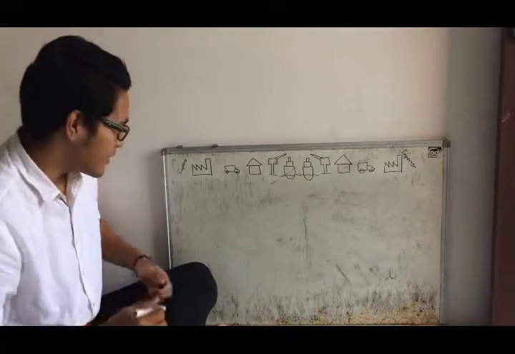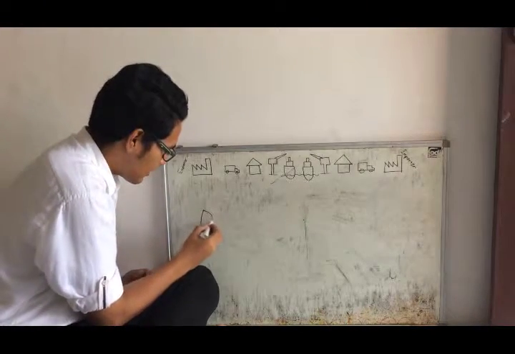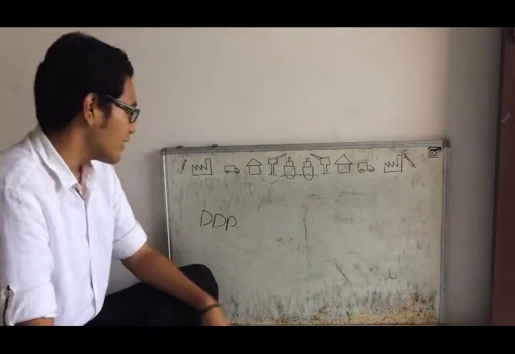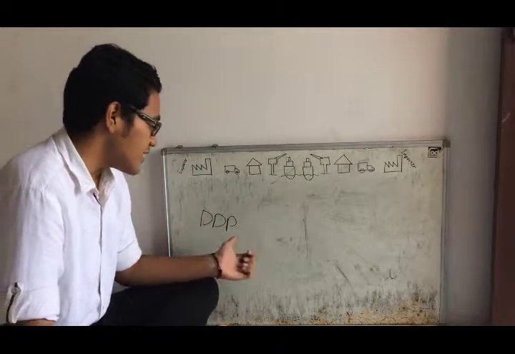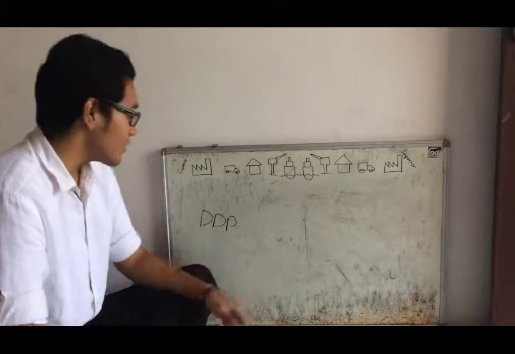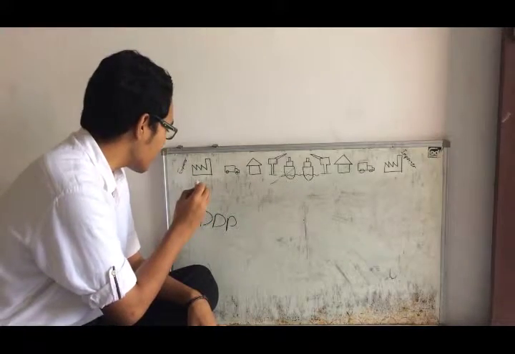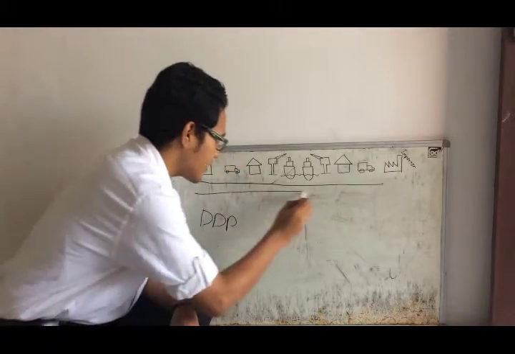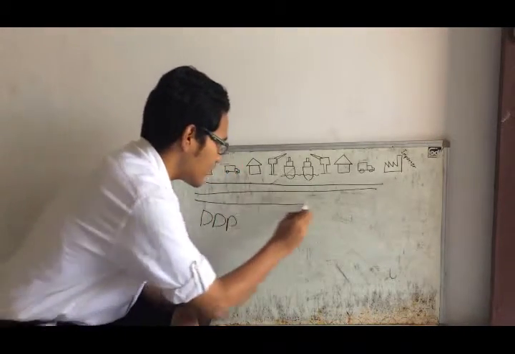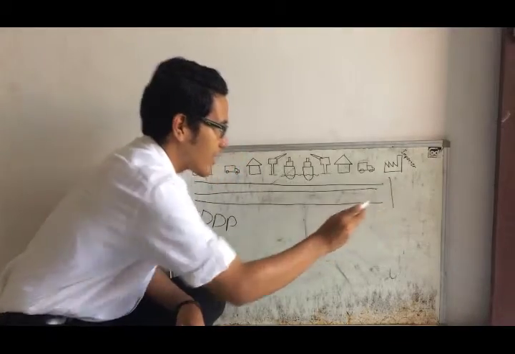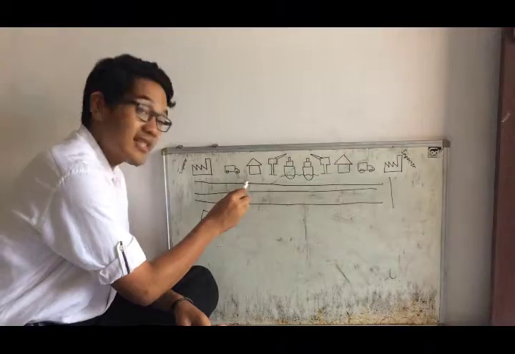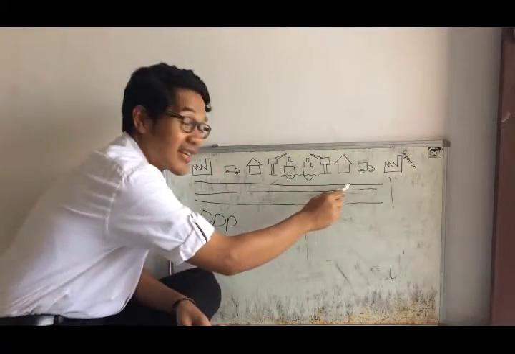And the last Incoterms is DDP, or delivered duty paid. So this is the most complicated Incoterms. Why? Because the exporter will take all of the cost, all of the risk, all of the responsibility until the importer's warehouse, and the exporter should do the export clearance and import clearance.